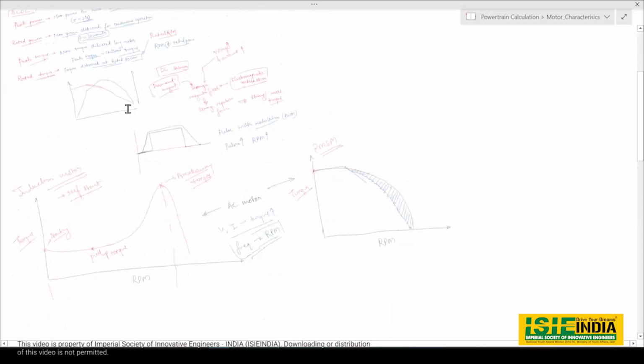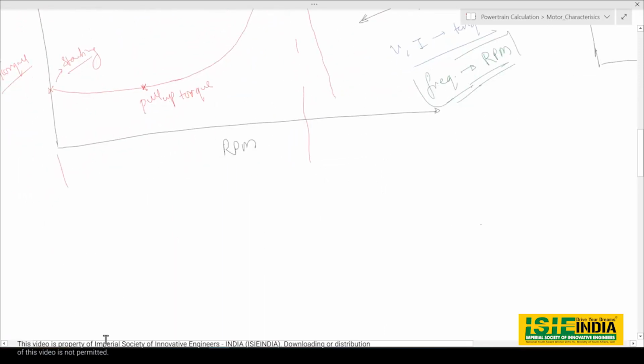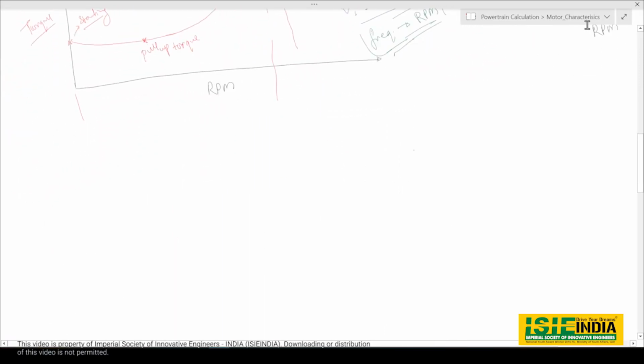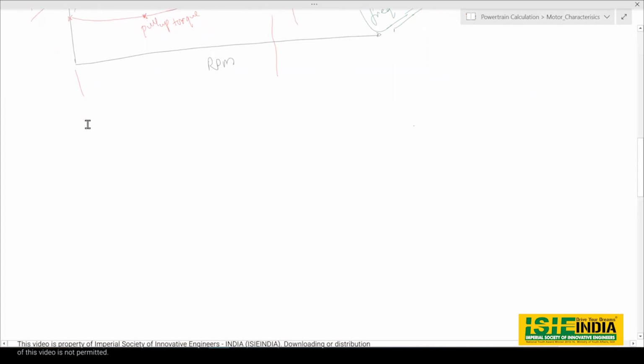Okay. So now coming to the topic of the single speed and multi-speed gearbox, in terms of EV, now we'll be talking. Okay.